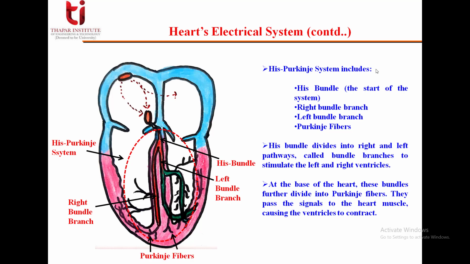They pass the signals to the heart muscle which cause the ventricles to contract. So this is how the heart's electrical system works. And each contraction of the ventricles represents one heartbeat. Now let's discuss the signal which is related to the electrical activity of the heart, that is electrocardiography.